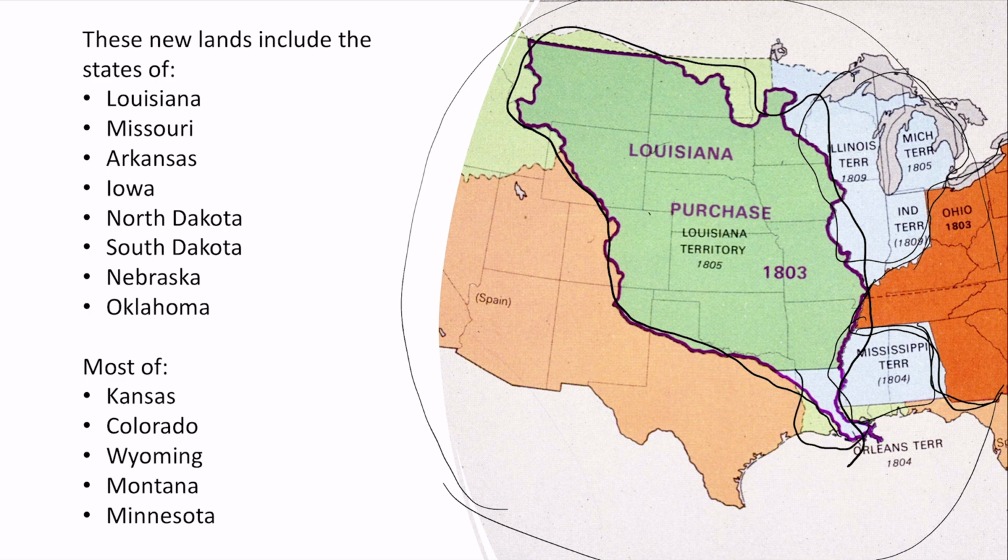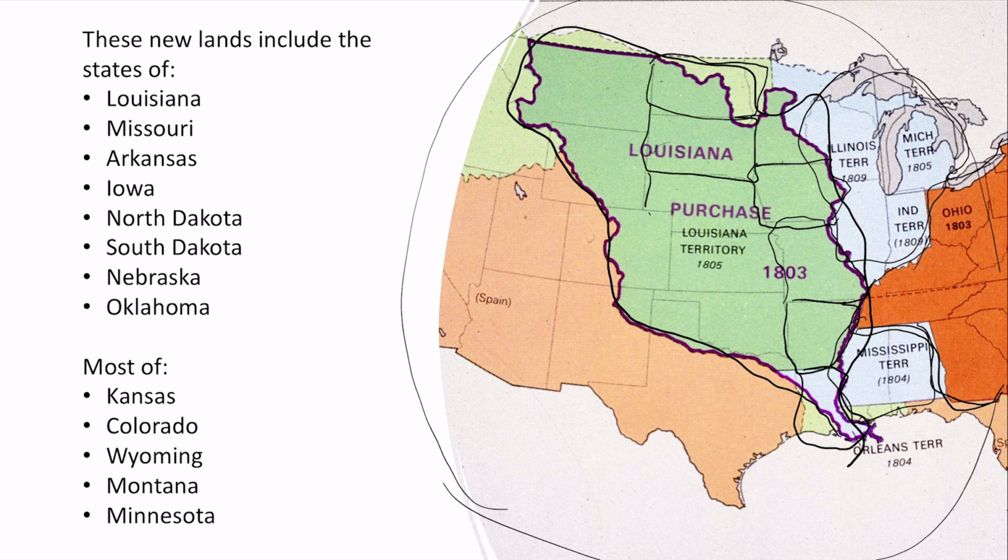So Louisiana is here. Here is the state of Missouri. Arkansas is this state to the south, in between Missouri and Louisiana. Iowa is this state here that's above Missouri. North Dakota is here, modern-day North Dakota. And South Dakota is here.